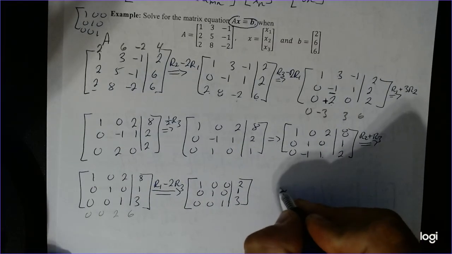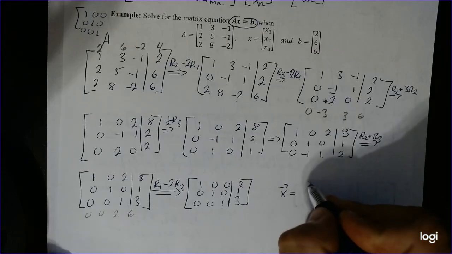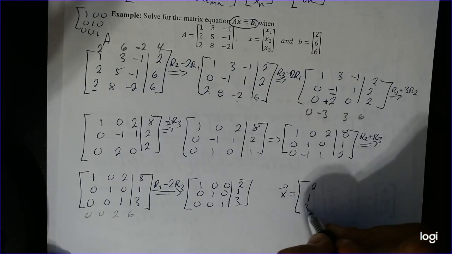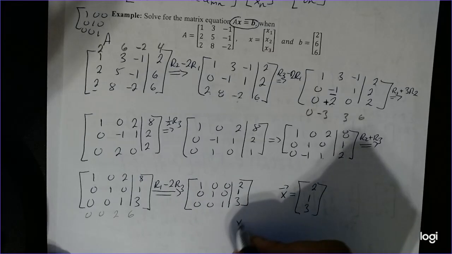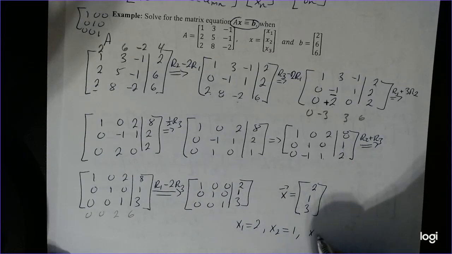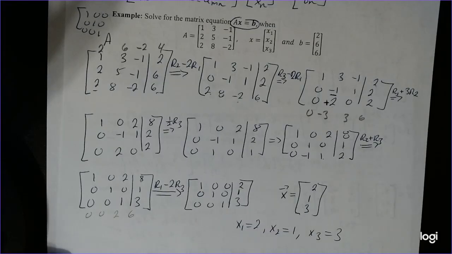Therefore, our vector representation will be 2, 1, 3. Remember, that means x1 is equal to 2, x2 is equal to 1, and x3 is equal to 3.